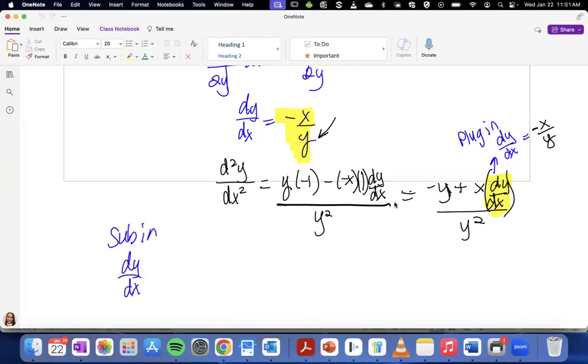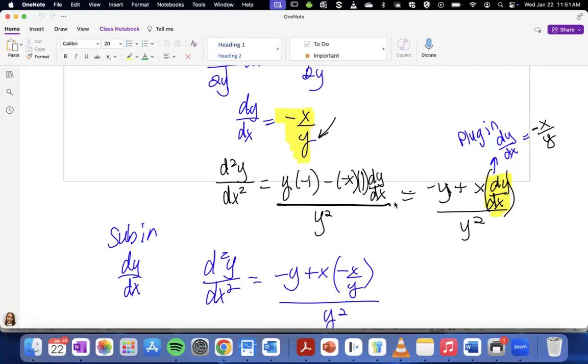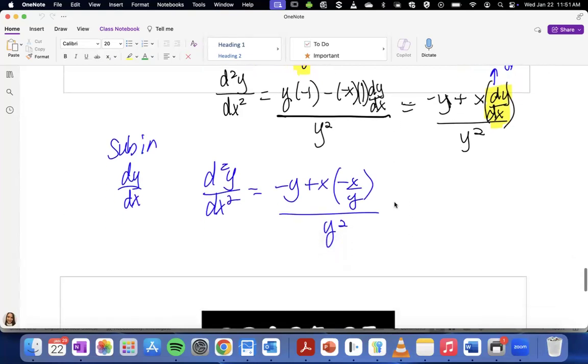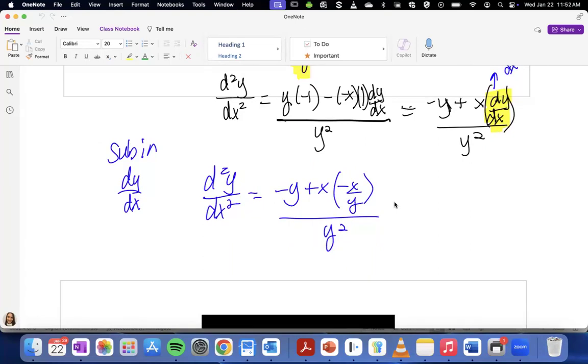So it looks like this. d squared y over dx squared is negative y plus x times negative x over y, all over y squared. Okay. This is going to equal, I'm going to go to the right, negative y minus x over y all over y squared.